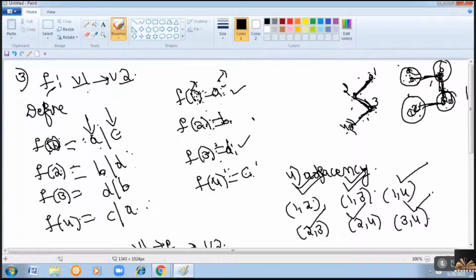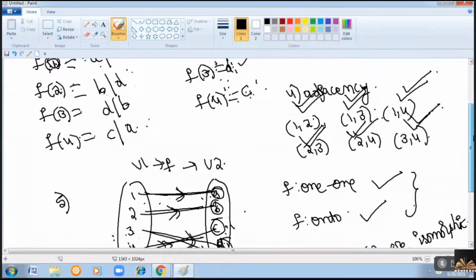A and C are also not adjacent. Next 2, 3, they are adjacent. B, D, they are also adjacent. 2, 4, they are not adjacent. B and C, they are also not adjacent. 3, 4, they are adjacent. D, C, they are also adjacent. So you can say that the adjacency is preserved.